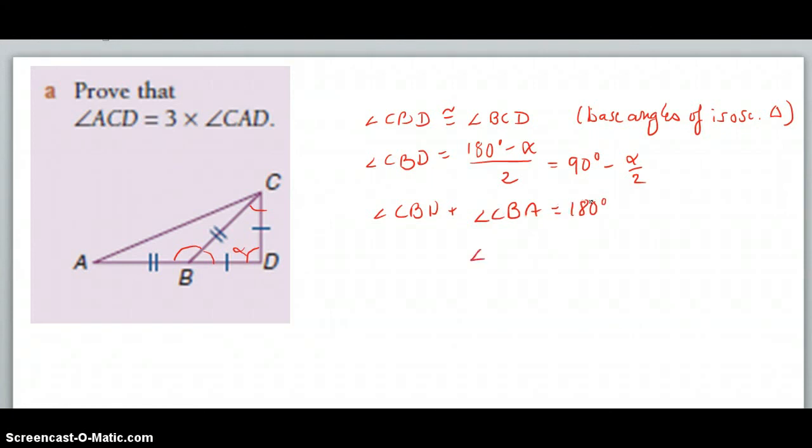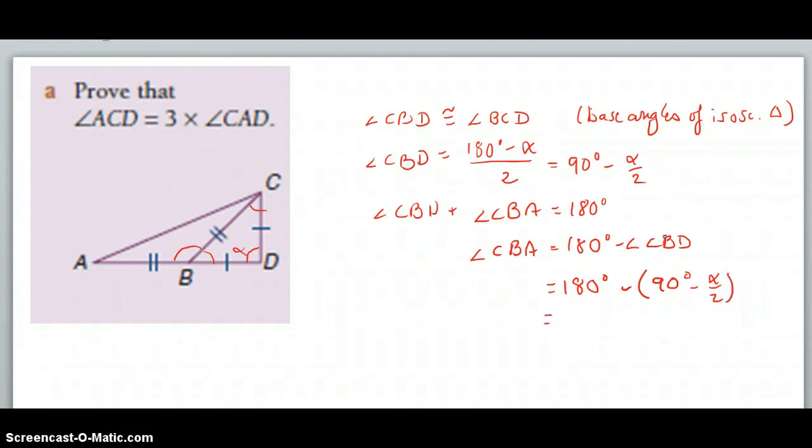Therefore angle CBA is 180 degrees minus the angle CBD, which is 180 degrees minus what I've worked out here, that's the angle CBD, so minus, and I have to use brackets here, minus alpha halves.